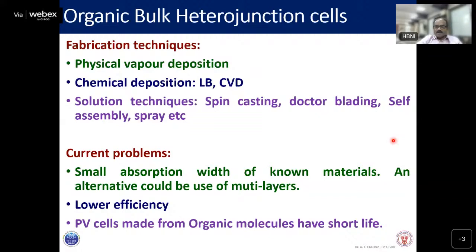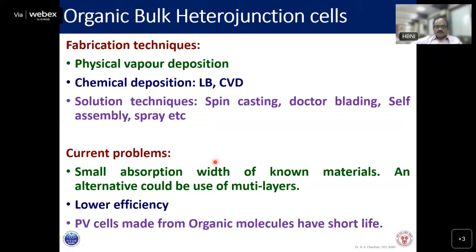Then what are the current problems in bulk heterojunction solar cells? Number one, the small absorption width of the known materials, so we need to find materials which can absorb more. And the efficiency is lower. Obviously, the efficiency needs to be improved. The typical efficiency nowadays is about 12% on very few experimental devices. But for common polymer solar cells, the efficiencies are between 6 to 8%.